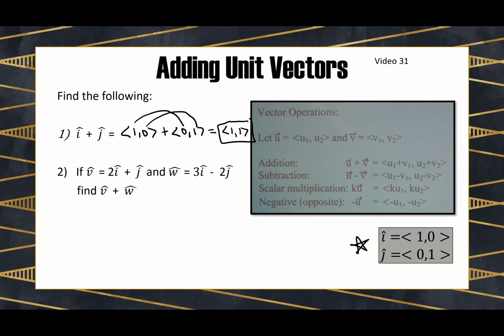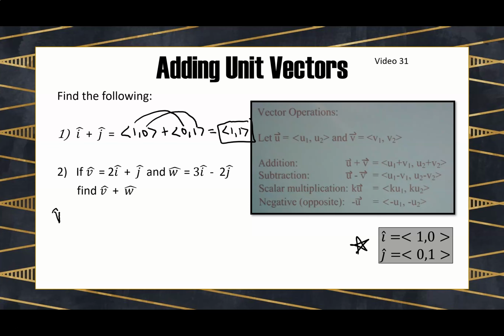All right, this next one's getting a little bit trickier. So this says if V is 2I plus J and W is 3I minus 2J, what is V plus W? So it's asking us to add these complicated vectors, and then we should turn it into the horizontal and vertical components. Here's this process I like to do. I like to put them right on top of each other.